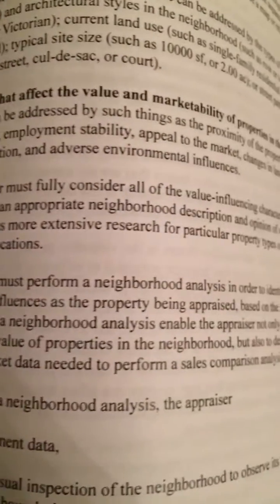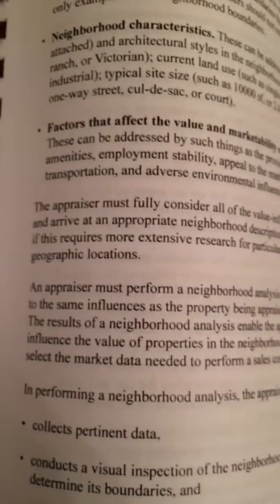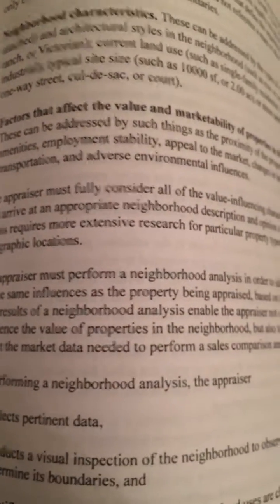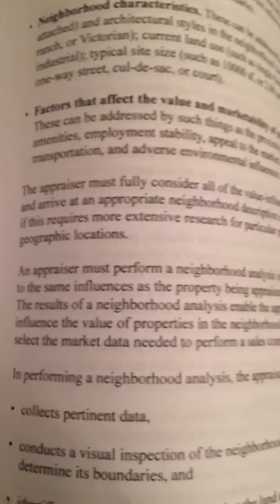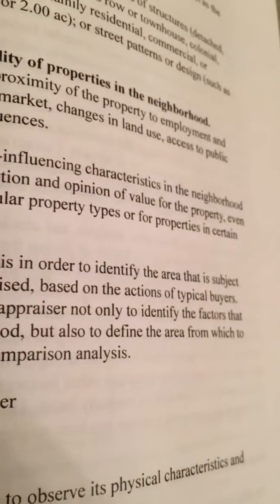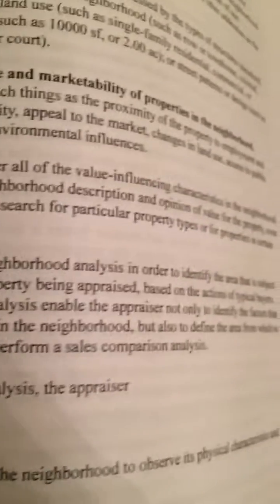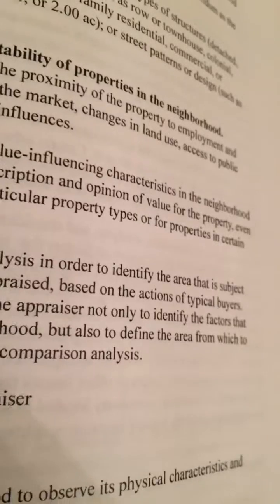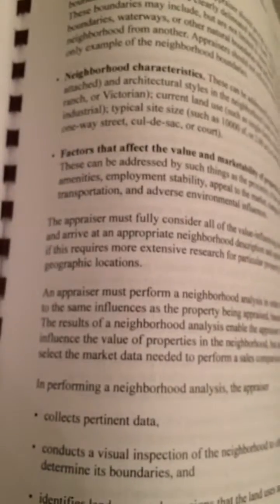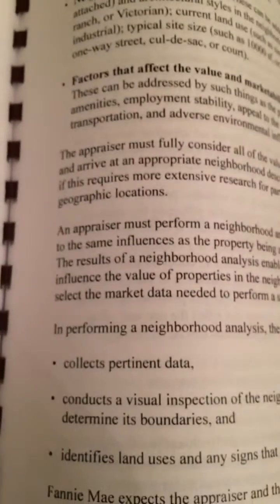An appraiser must perform a neighborhood analysis in order to identify the area that is subject to the same influences as the property being appraised, based on the actions of typical buyers. The result of a neighborhood analysis enables the appraiser not only to identify the factors that influence the value of properties in the neighborhood, but also to define the area from which to select the market data needed to perform a sales comparison analysis.